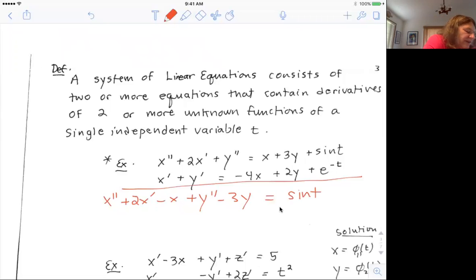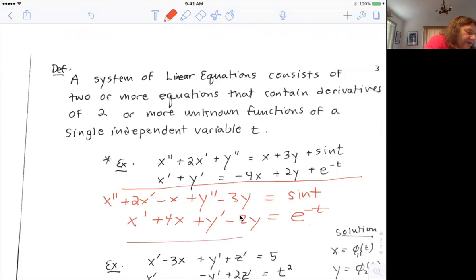If you did this other one, you'd have x prime. Sorry, x prime. I'm going to bring this 4x over, plus 4x, plus y prime from right there, and then bring the 2y over, so minus 2y, and that would be e to the minus 2t.